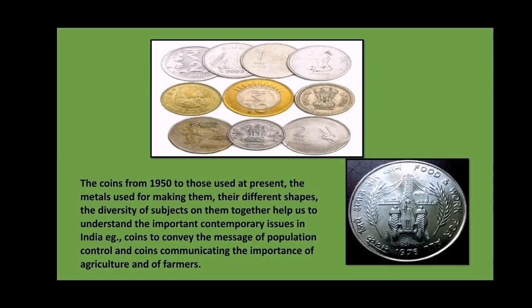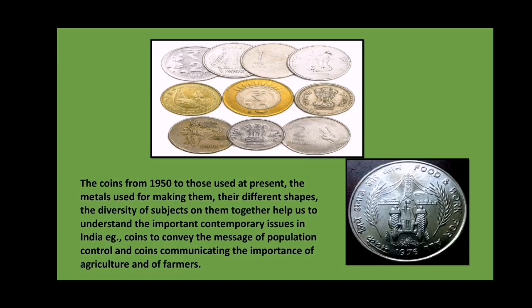Now the coins from 1950 to those used at present, the metal used for making them, their different shapes, and the diversity of subjects on them together help us to understand the important contemporary issues in India. For example, coins to convey the message of population control and coins communicating the importance of agriculture and farmers.